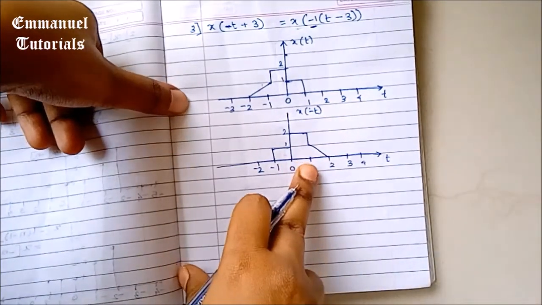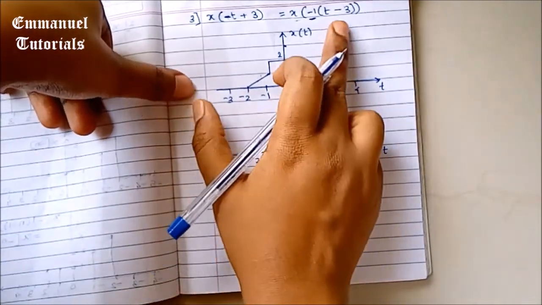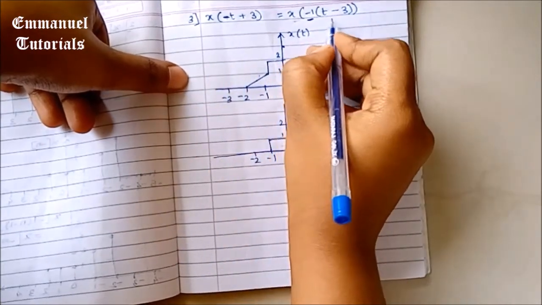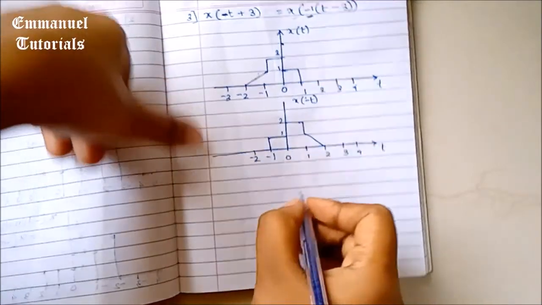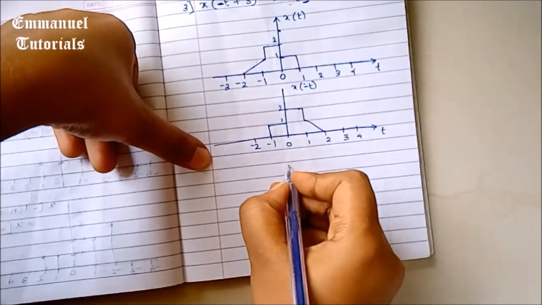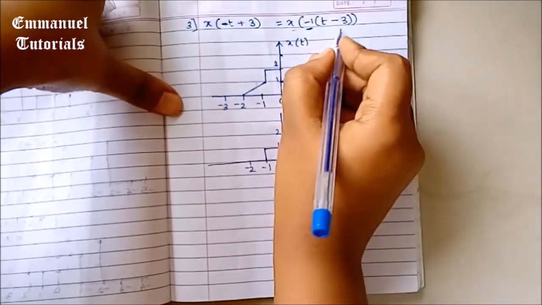Now after performing time reversal, we'll shift it by 3. So again here it's minus, so it suggests delay. So we'll be shifting the signal to the right by 3.